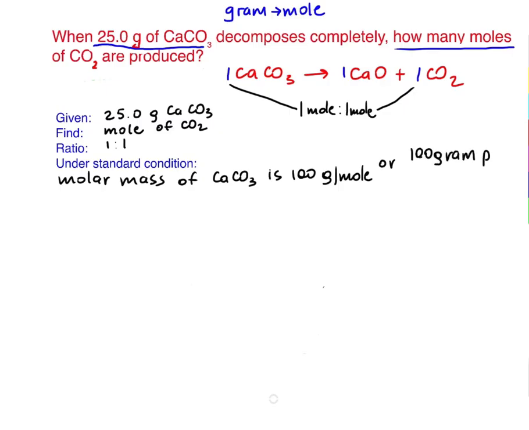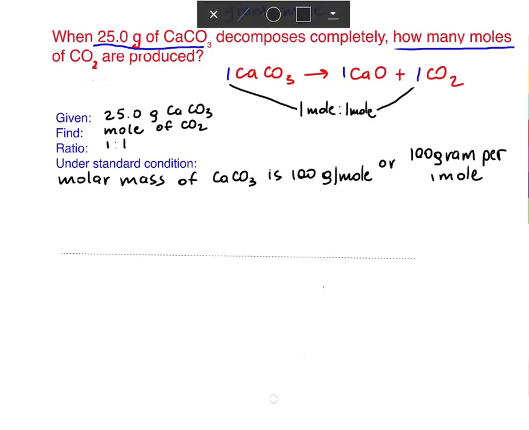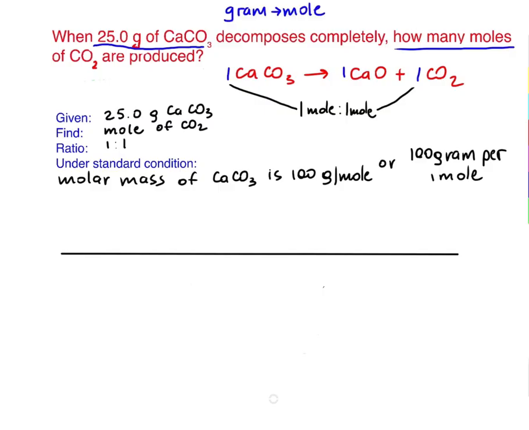That's 100 gram of calcium carbonate per 1 mole of calcium carbonate, and that's what we call a standard condition. Since we have 25 gram of calcium carbonate, we need its molar mass as well, and you can find that molar mass information on the periodic table.